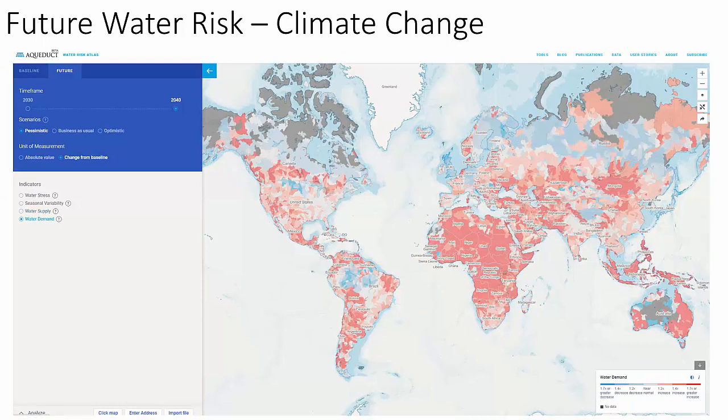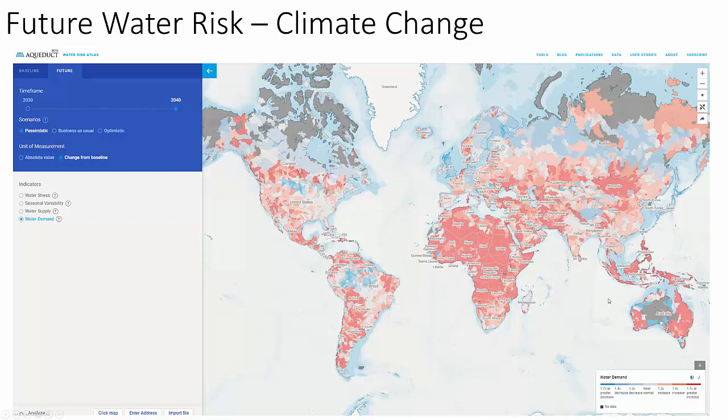If we look at change from baseline, from water demand, this is where we start looking at population demands. So where the dark red is 1.7 times or greater increases, you can start seeing that we're going to have incredible increases in water demand as humanity grows from 7.35 billion to 10 billion. Oh, well, in 2040 will only be about 8.5 billion.